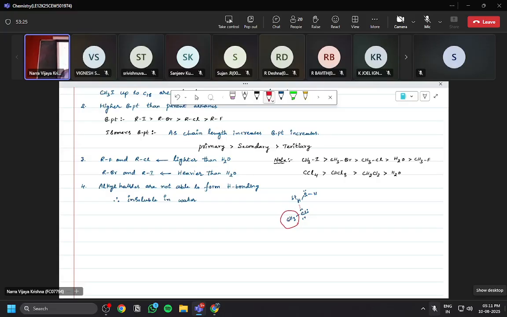So this group will never allow a water molecule to approach the halogen. Will never. Because here hydrogen is not on a more electronegative atom. So the condition is hydrogen should be present on a more electronegative atom and the lone pair of a more electronegative atom should have interaction. That is called hydrogen bond. Because of this group, water will never approach it. If it doesn't approach, distance increases. If distance increases, bond weakens. So there is no hydrogen bonding formation.